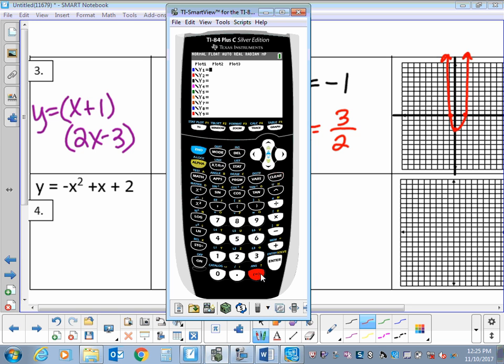If you would like to factor this by hand as we did last unit, go for it, but you don't have to.